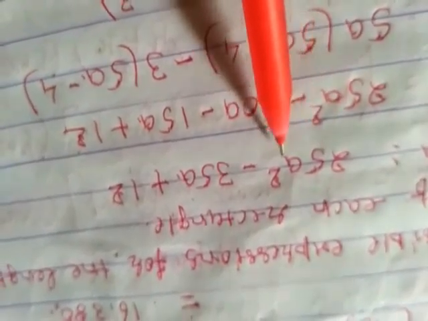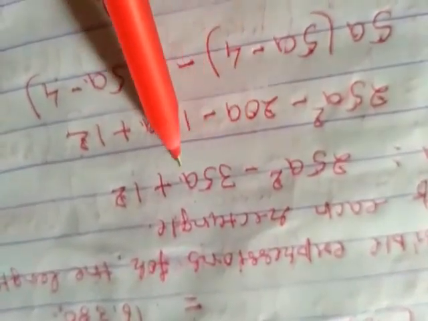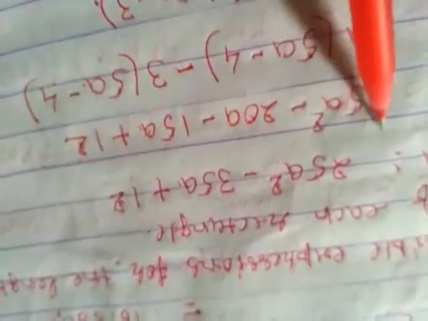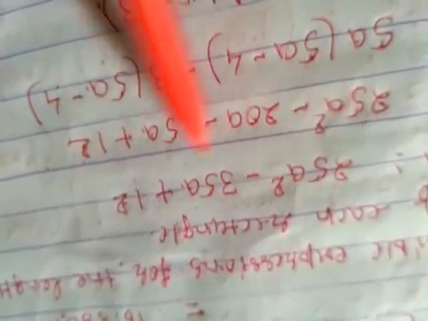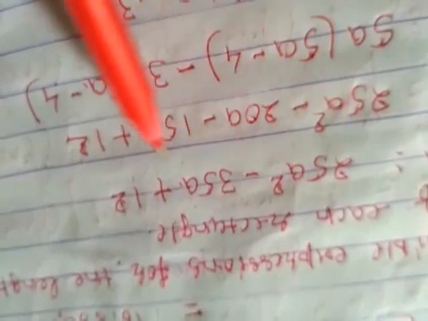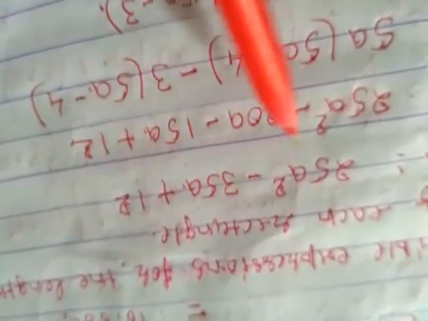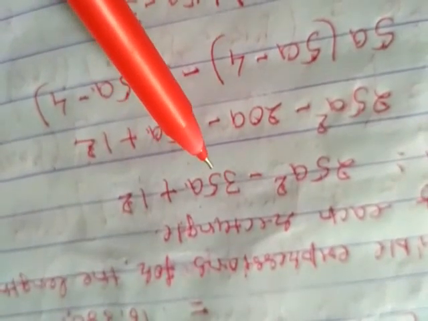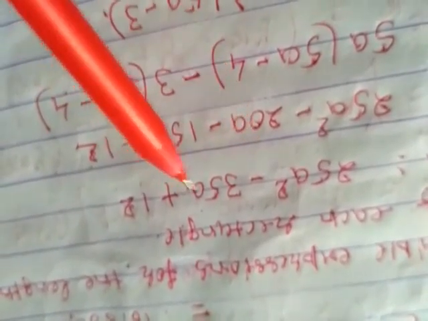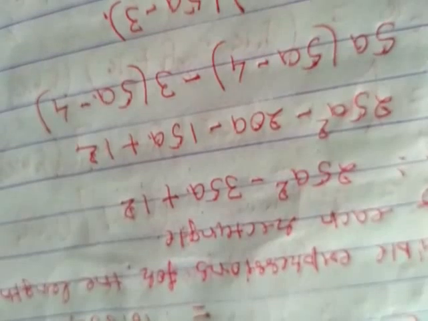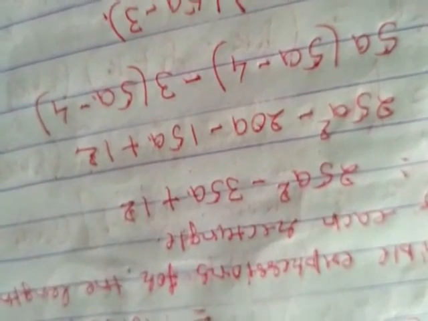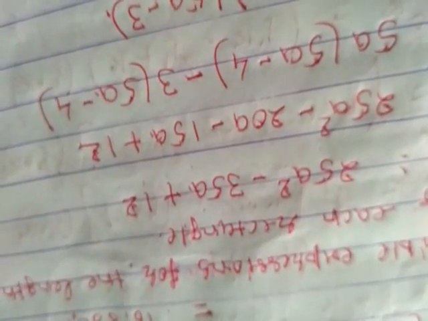From this area you have to find its possible length and breadth, because a rectangle is a two-dimensional figure. It has only length and breadth. As you know, the area of a rectangle equals length into breadth.